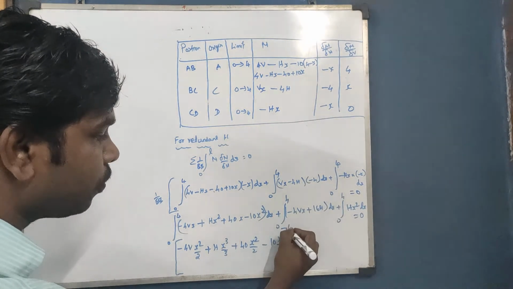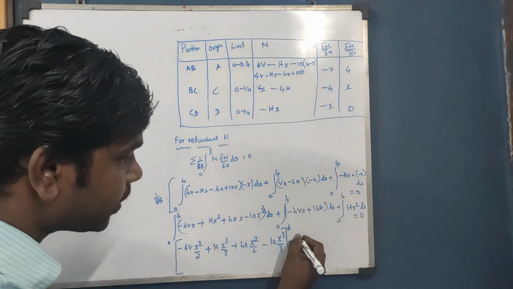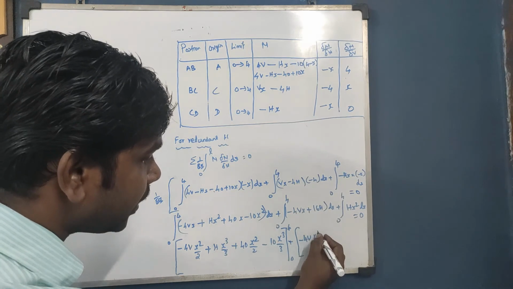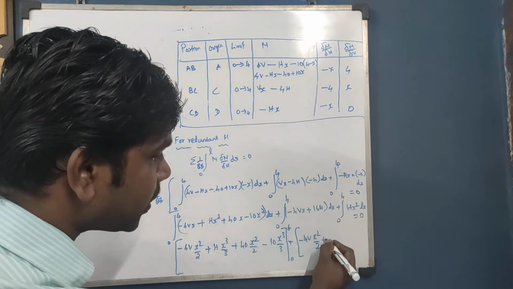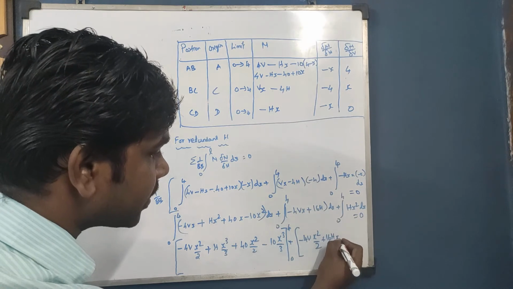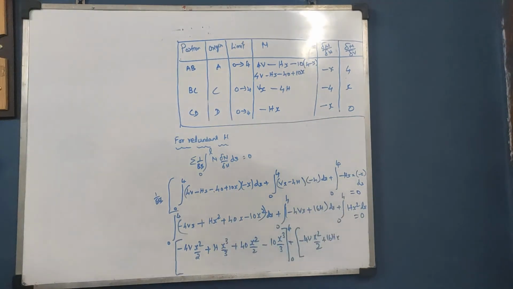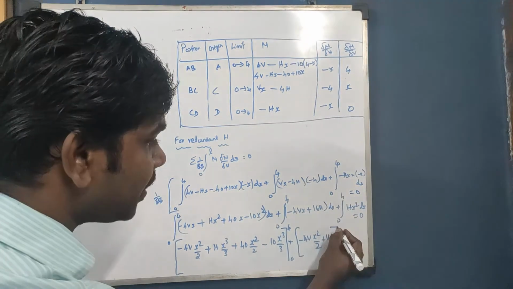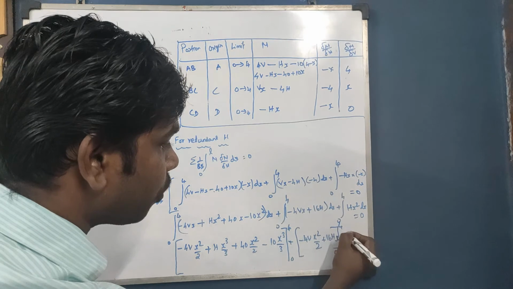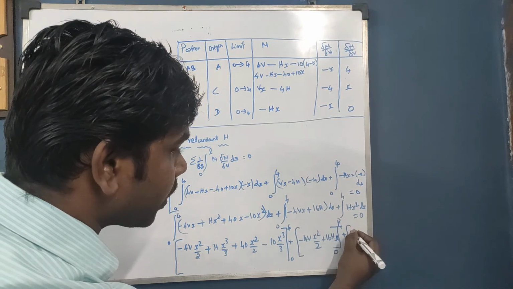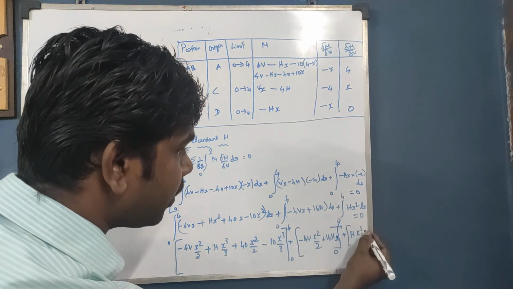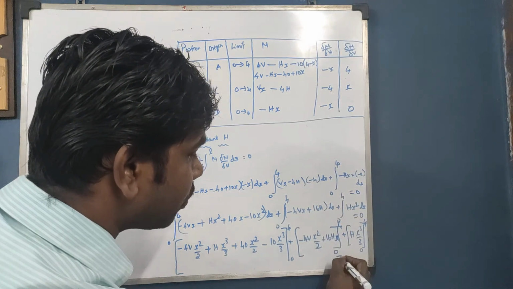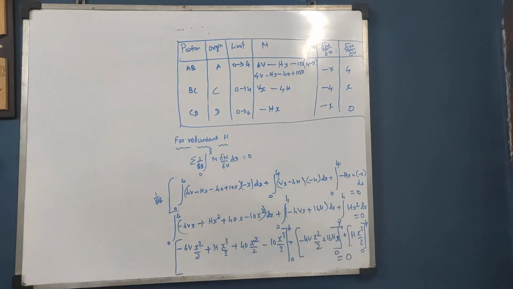Limit is 0 to 4, plus minus 4V into X square by 2 plus 16X. Integration of 1 is X. Right? Limit is 0 to 4, plus H X cube by 3, limit is 0 to 4, equal to 0.